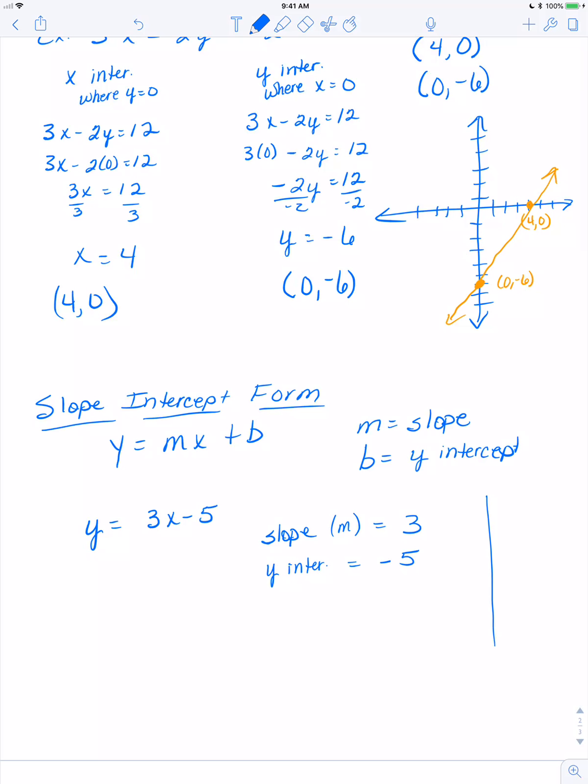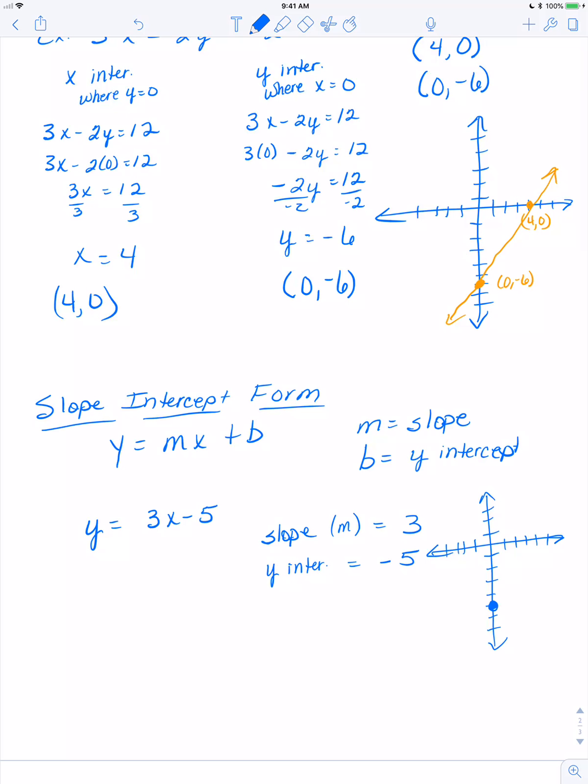And remember, if we know this information, we could easily go graph that. We have a y-intercept, and this is going to be sort of a sloppy graph, but hopefully you'll see. The y-intercept, we can start at -5. And we know that that point is on our line because it's a y-intercept. Then we have a slope of 3.